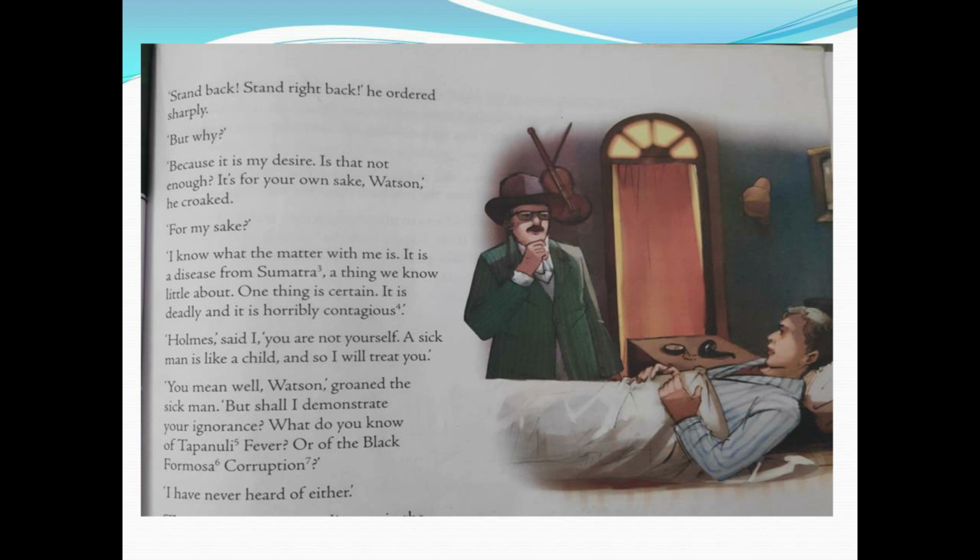Now, in these two paragraphs, Sherlock Holmes was trying to explain to Dr. Watson not to ignore this situation. What do you know about the other diseases? These diseases have not been heard of by Dr. Watson, so he was totally unaware of these sorts of diseases.